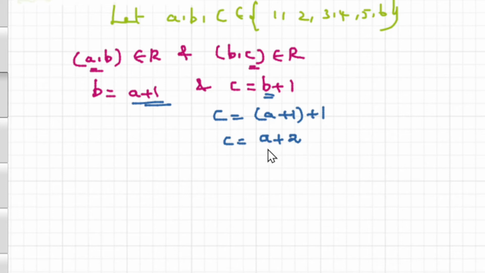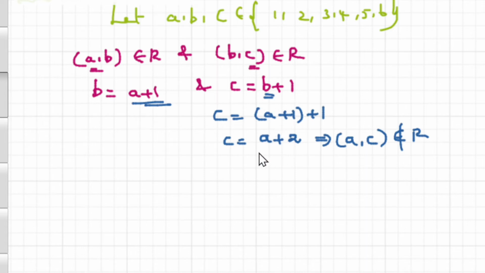But we need only the condition of A plus 1, B plus 1 like that. Here we got that C is equal to A plus 2, so the relation between A and C is C equals A plus 2, but we need B to be A plus 1, that is, added with 1.